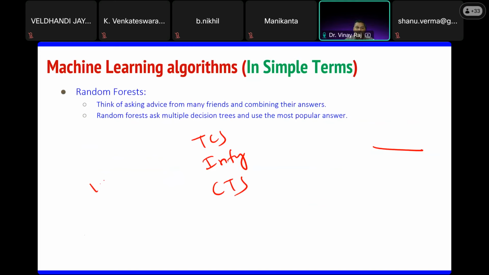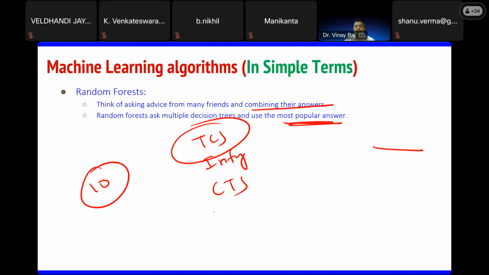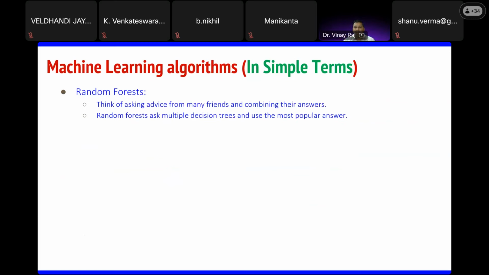So you give this task to 10 of your friends, ask their advice, combine their advice, and whichever is more popular, that is your choice. If many vote for TCS, you join TCS. That is random forest. So in the real world, we have some problems where we need to make a choice, and we can use random forest.